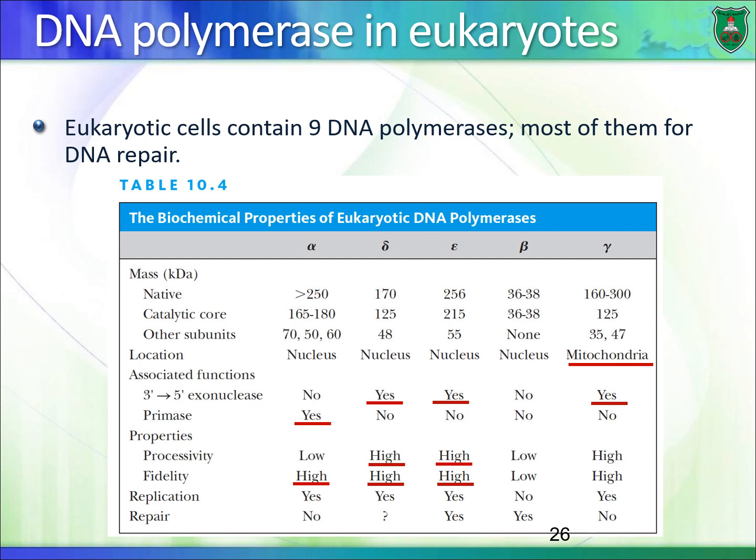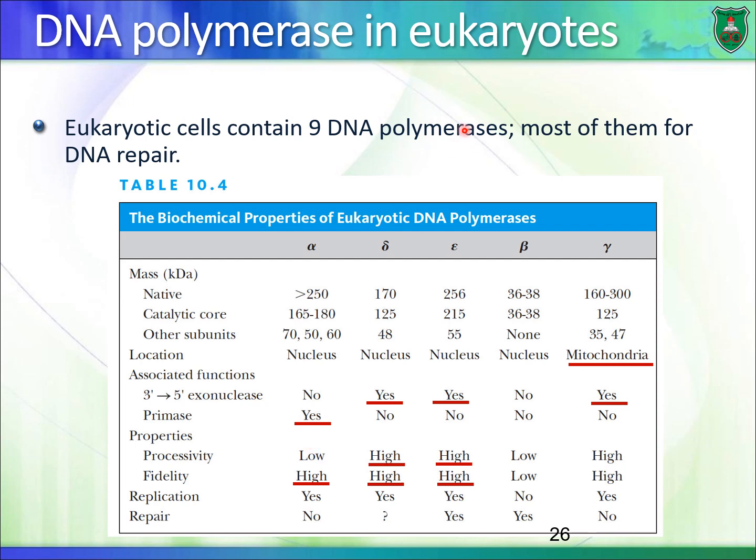Okay, now we have DNA polymerase alpha, delta, and epsilon. Now, alpha has a primase associated with it. It has high fidelity, so it doesn't create that many mistakes. And probably that's because it has low processivity, meaning that it is a slow enzyme, so it doesn't make that many mistakes.